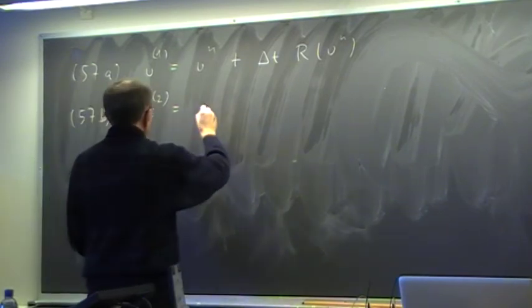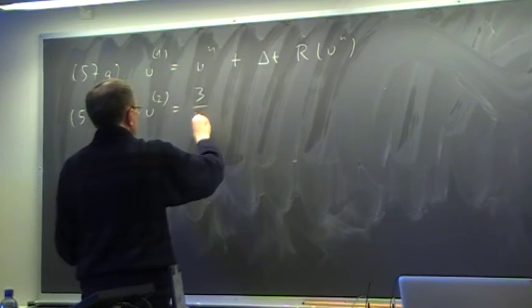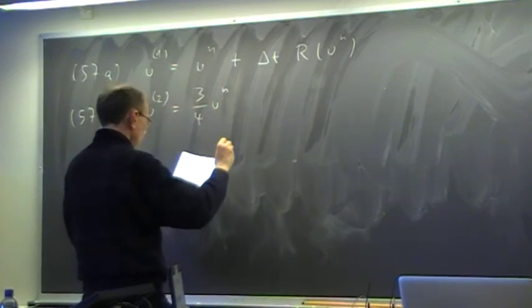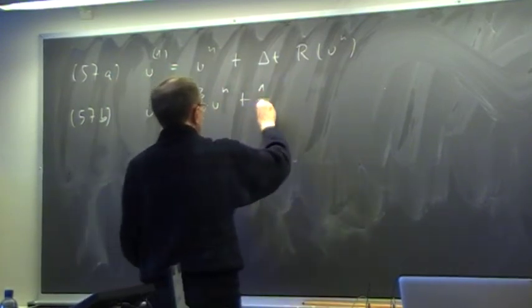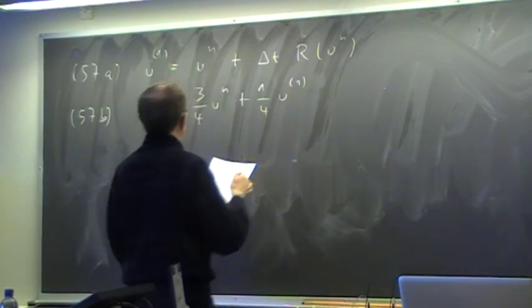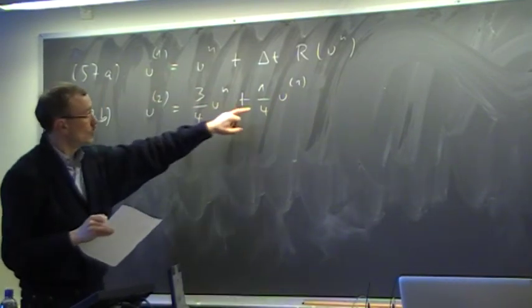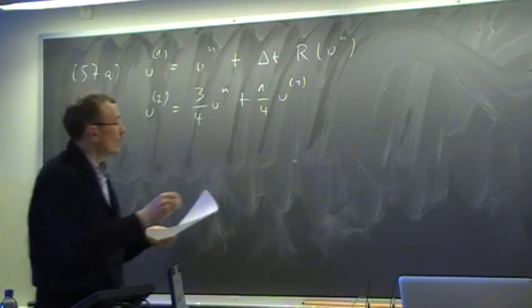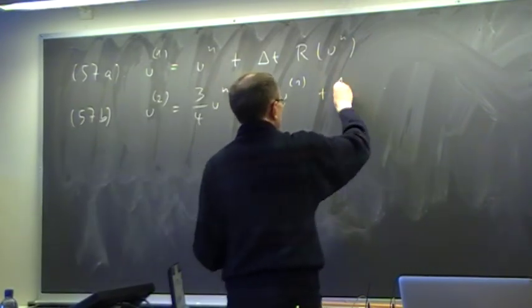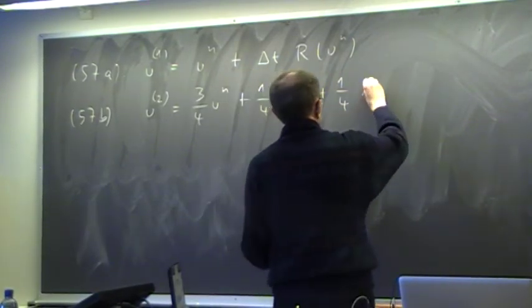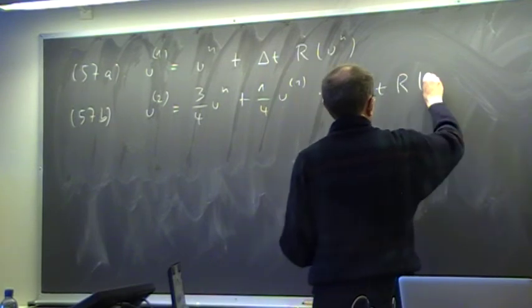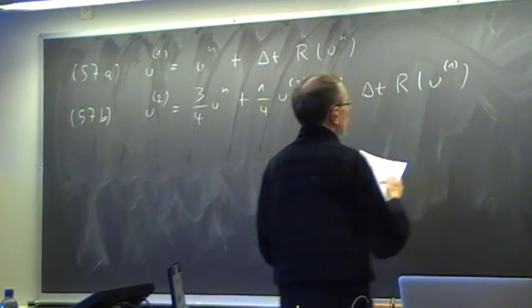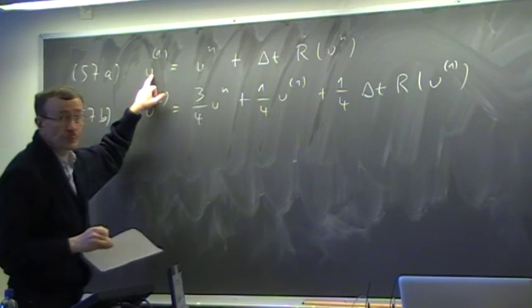In the second stage, we do a certain average of the value at the old time level and the value that we have just computed in u1. So this is then some average. And also we take some fraction of the residual evaluated with what we have just computed.